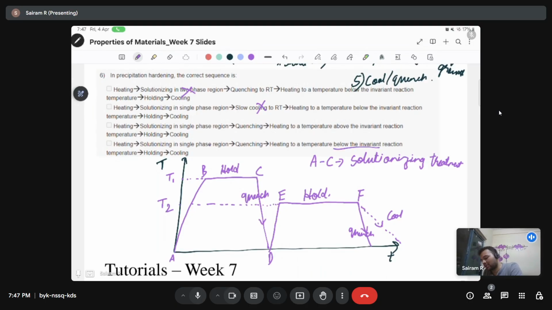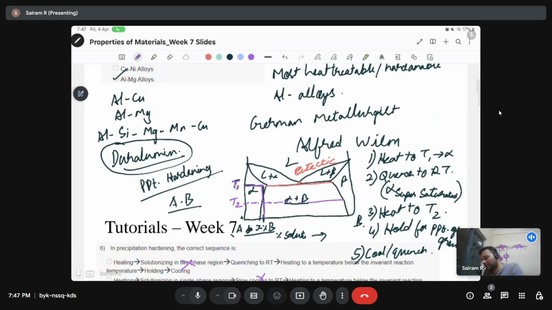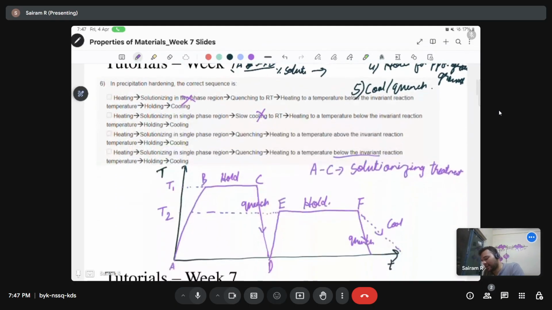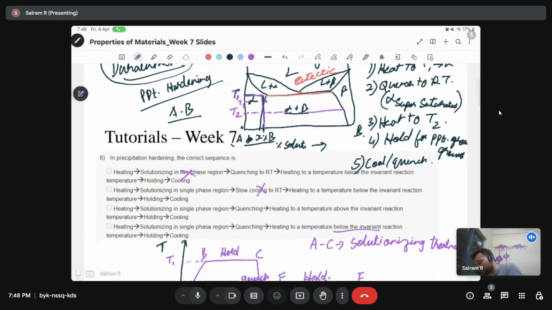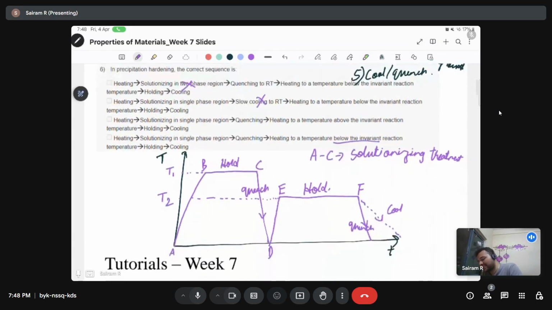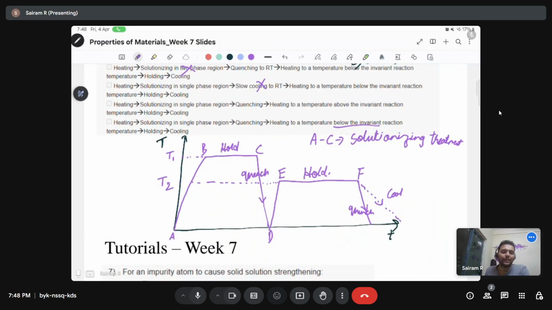So that's what we saw here. It is at a temperature below this invariant reaction. See, this T2 can be even as high as over here because the formation of precipitates and the time required to form precipitates depends on the temperature because it's diffusion dependent, right?